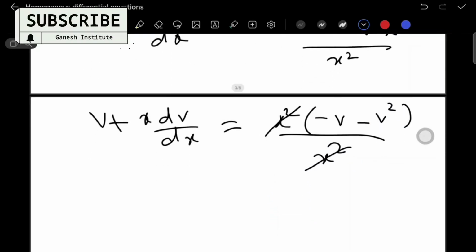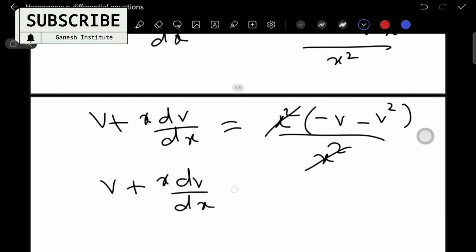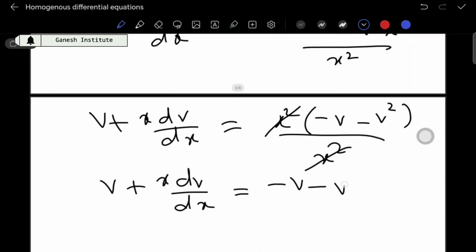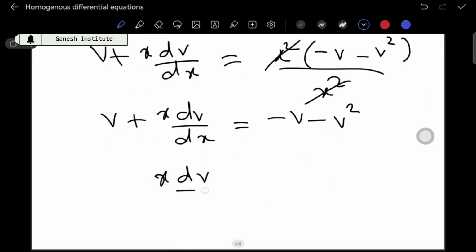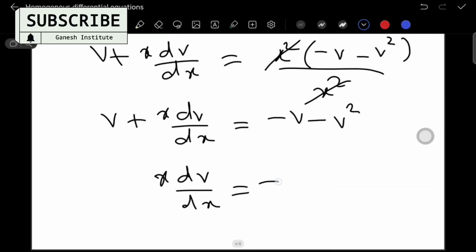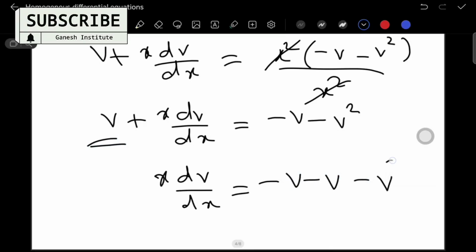This got cancelled. x dv by dx equals minus v square, minus v, this v on the right hand side.